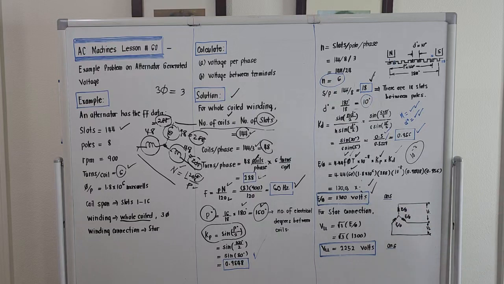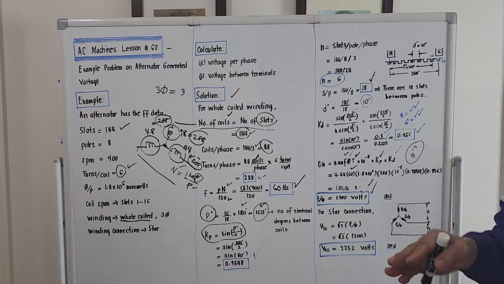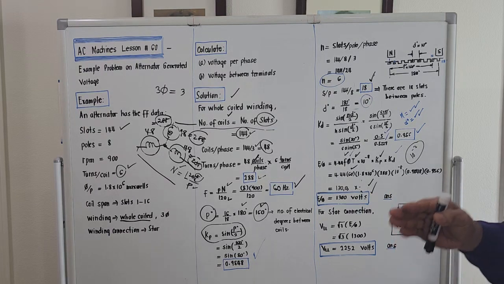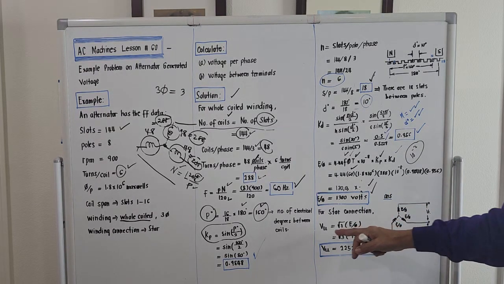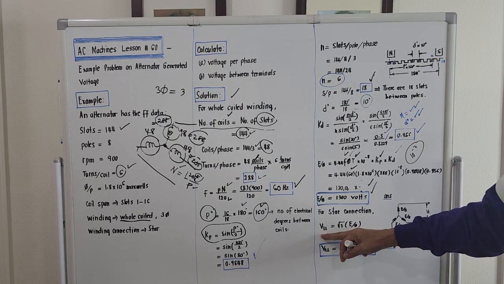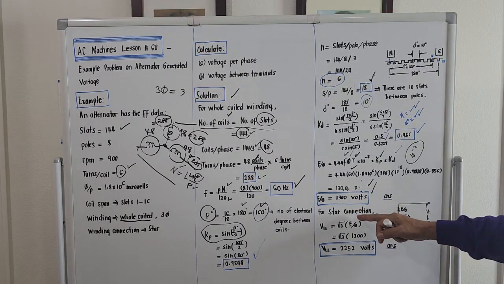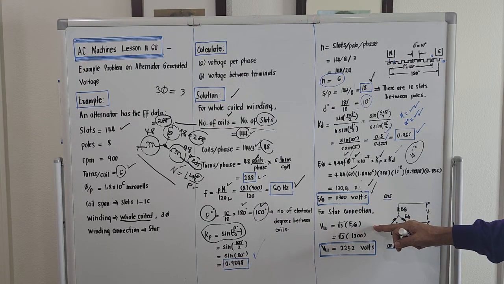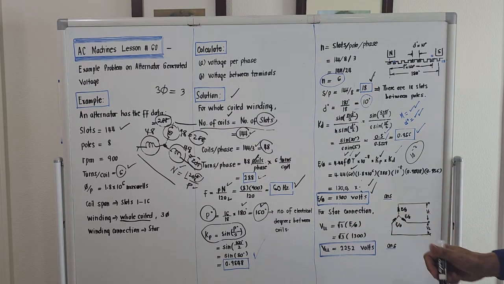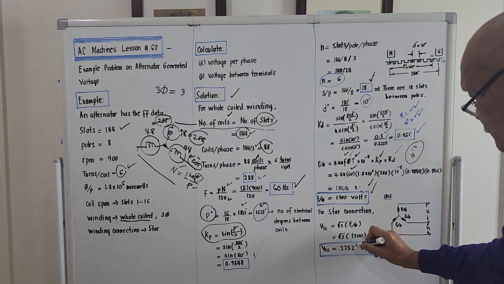And the other requirement is, if the connection is a star, what will be the line-to-line voltage? Meaning, line number 1 and line number 2, line number 2 and line number 3, or line number 1 and number 3, what will be the voltage? According to the study of star connection, the relationship between the phase voltage and line voltage is given by this. Meaning, the line-to-line voltage will be square root of 3 times the voltage per phase. Square root of 3 times 1,300, it is 52 volts.